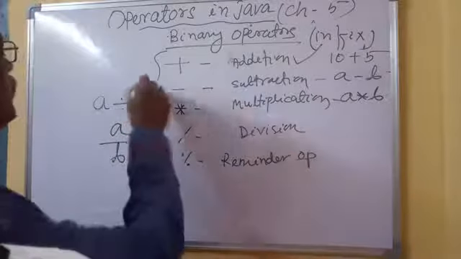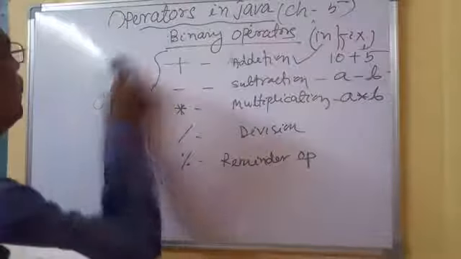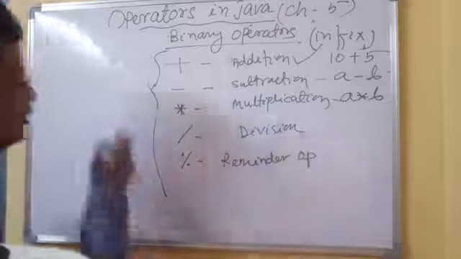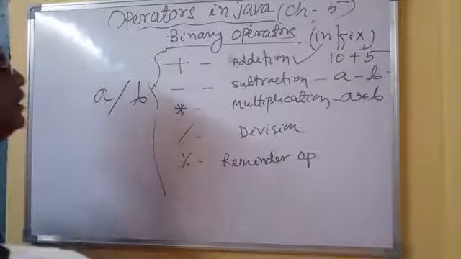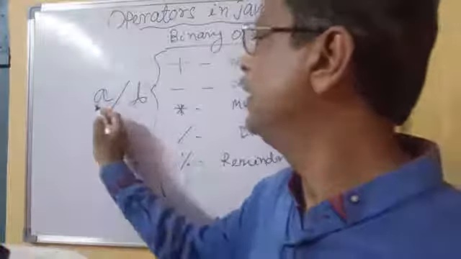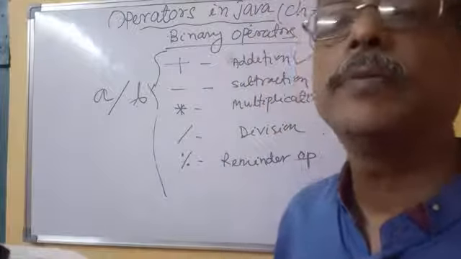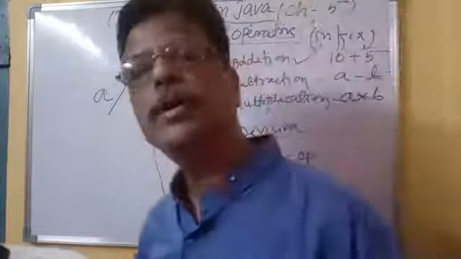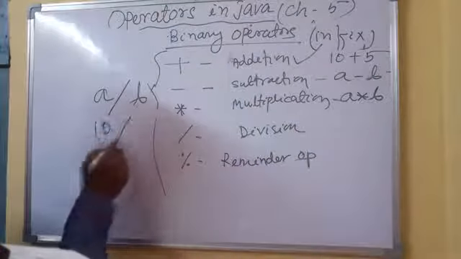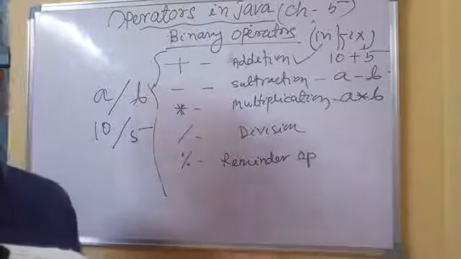In programming this is wrong, you cannot write this way. Here you have to use the forward slash, a slash b. It will perform the division work and give us the quotient. This is also written in infix notation. Or you can write 10 by 5 in this manner. So only the slash is allowed for division.